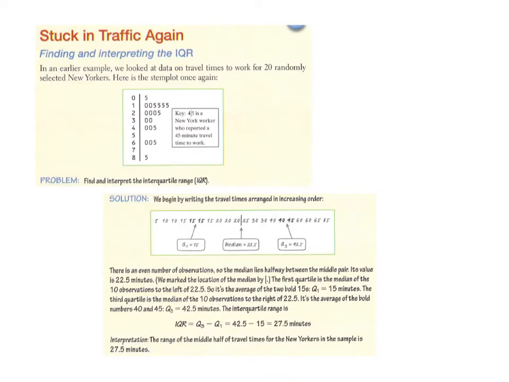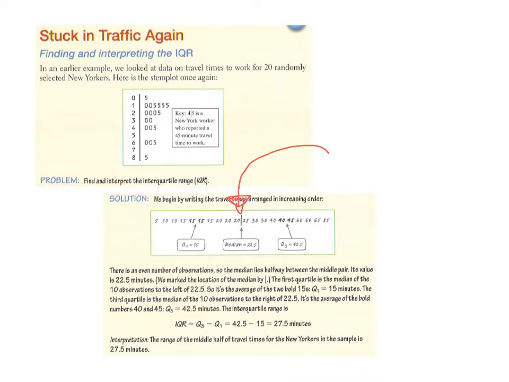So let's look at this example real quick. This is the 20 New Yorkers. We're asked to find and interpret the IQR, or the interquartile range. Again, remember that our Q1 is found by finding the median first, so here's our median. Is this an odd data set or an even data set? Remember, there were 20 values here. So my median is right here in the middle.